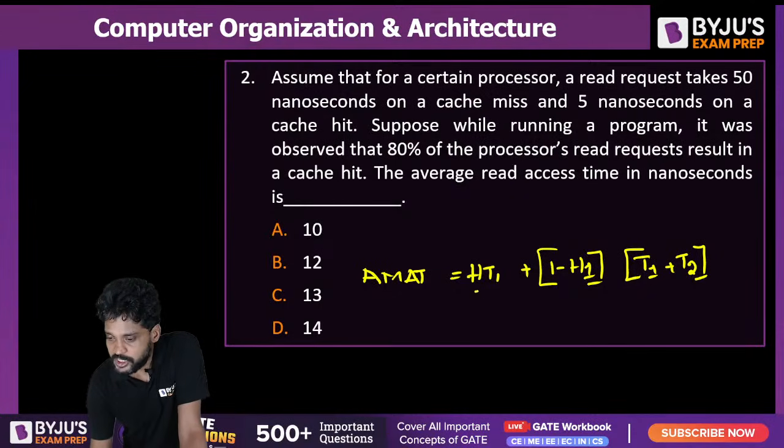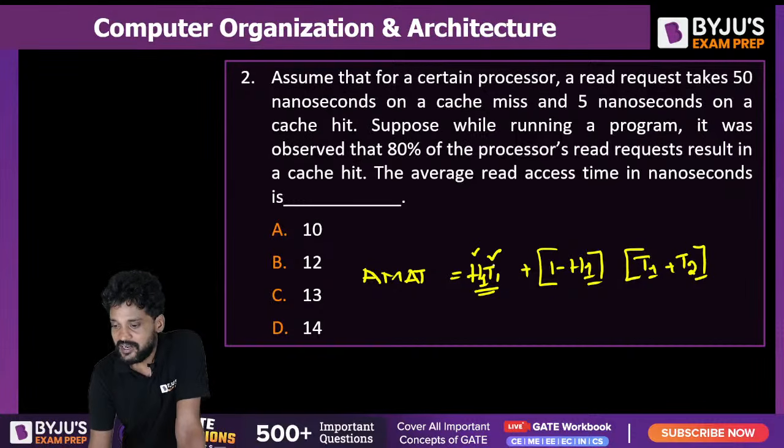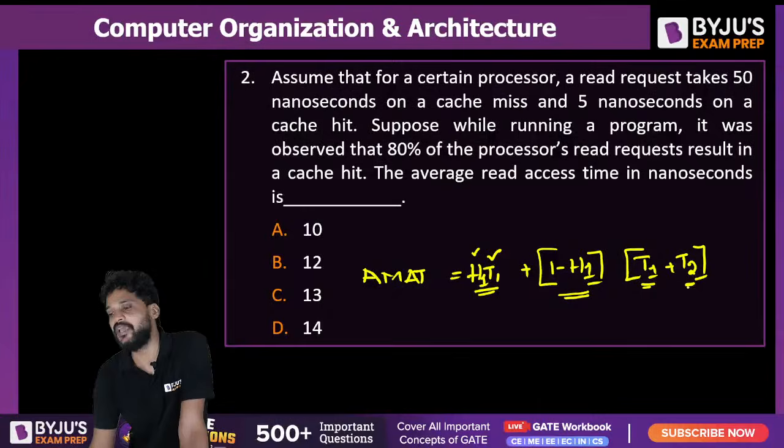H1 is the hit ratio or hit rate of the level 1 cache. T1 is the time required to access the level 1 cache. 1 minus H1 is the miss rate of the level 1 cache. T1 plus T2 is the time required to access the first level cache and the time required to access the main memory. This is the average memory access time rule for a single level cache.